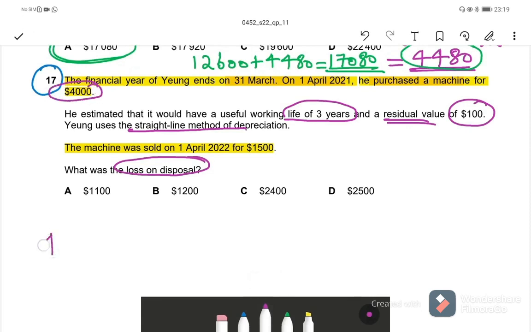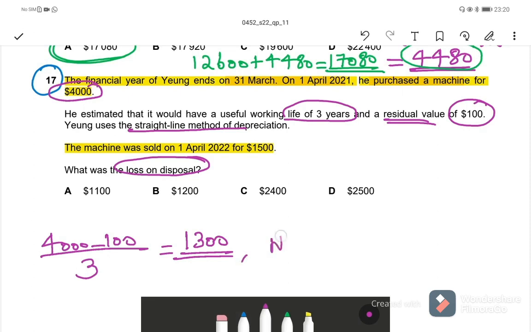So 4000 minus 100 divided by 3 is equal to 1300. That is the depreciation.